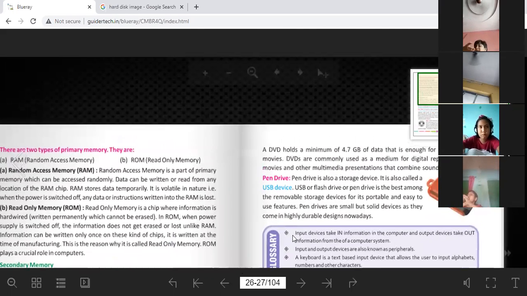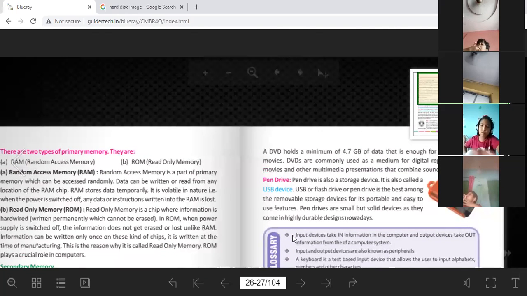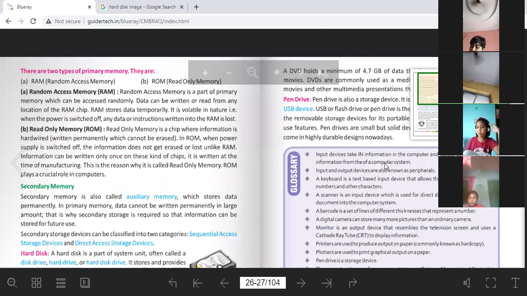Okay. So a DVD holds a minimum of 4.7 GB of data that is enough for 2 full-length movies. DVDs are commonly used as a medium of digital representation of movie and other multimedia presentations that combine sound with graphics.